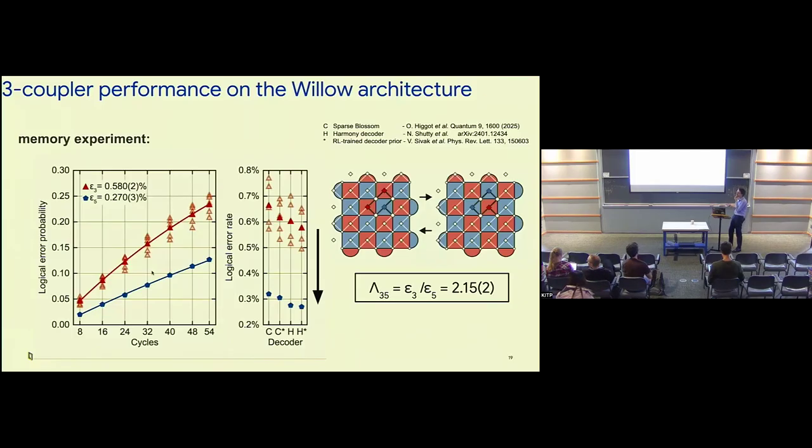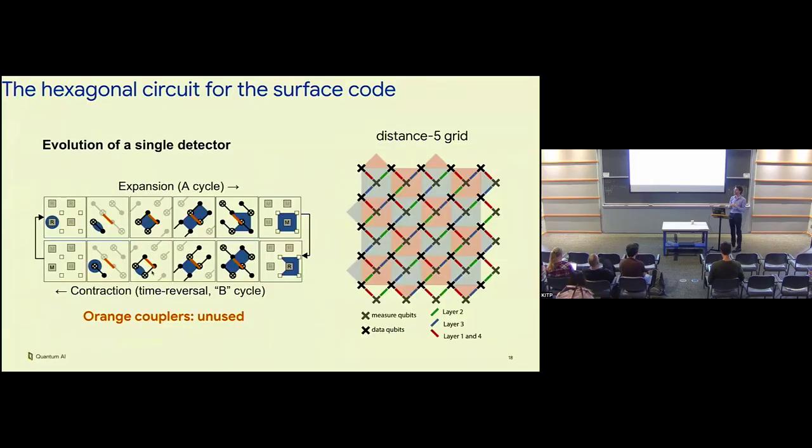But you need to fold back the stabilizer with the C0. We use this trick where the last layer, instead of going in one direction, goes in the other direction, but it has exactly the same effect. And we allow ourselves to move which measure qubit is going to be blue and which is going to be red. Okay.